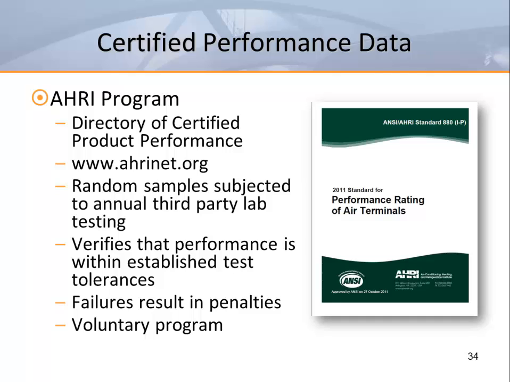The program requires third-party verification tests conducted at an independent laboratory at the manufacturer's expense. AHRI randomly selects unit models and sizes taken from each manufacturing location for annual check tests. Any units that fail to perform within established test tolerances can result in additional tests, mandatory re-rating, monetary fines, and possible ejection from the program.